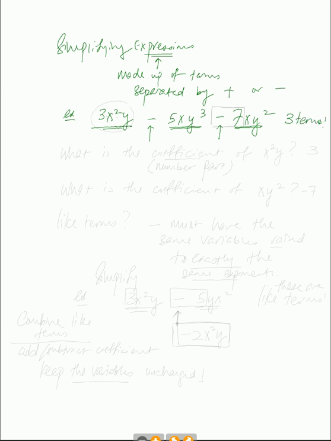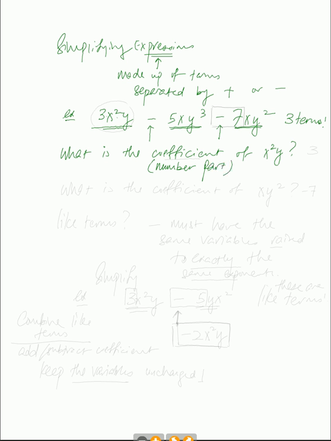So now that you understand what's a term, the next thing is what is considered to be the coefficient. This is how we ask you the question: what is the coefficient of, say, x squared y? When we say coefficient, we are referring to the number part. Notice that every term is made up of 2 pieces.